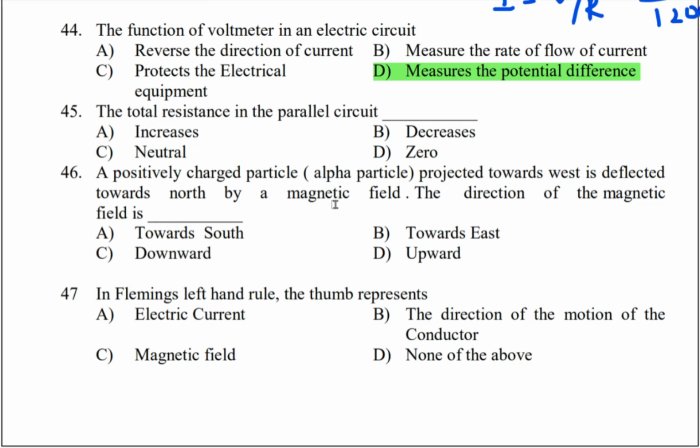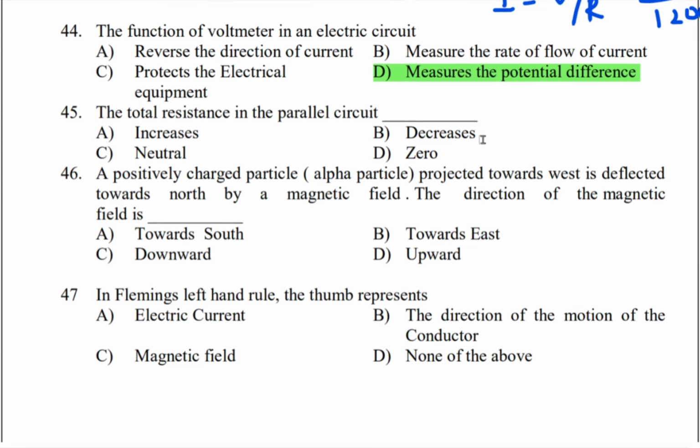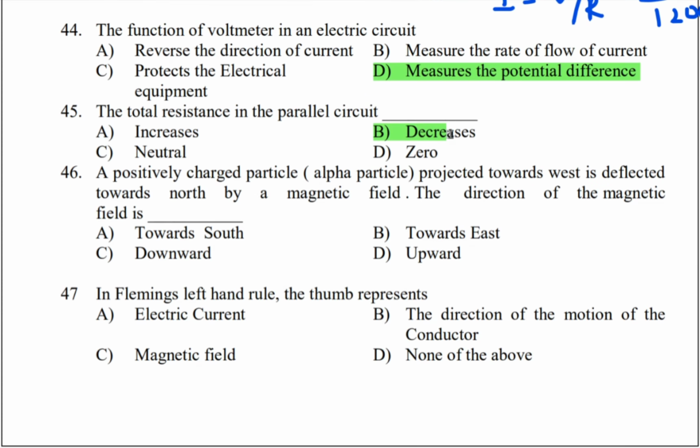Next question. The total resistance in the parallel circuit decreases. Very important concept: the total resistance in the parallel circuit decreases, whereas the total resistance in the series circuit increases. Therefore the correct answer for 45th question is option B, decreases.